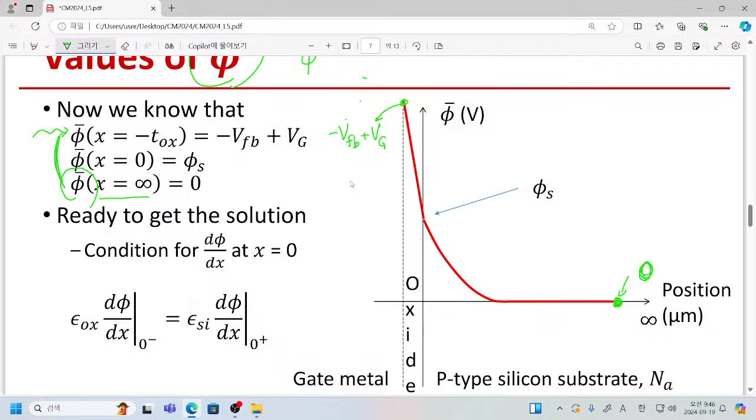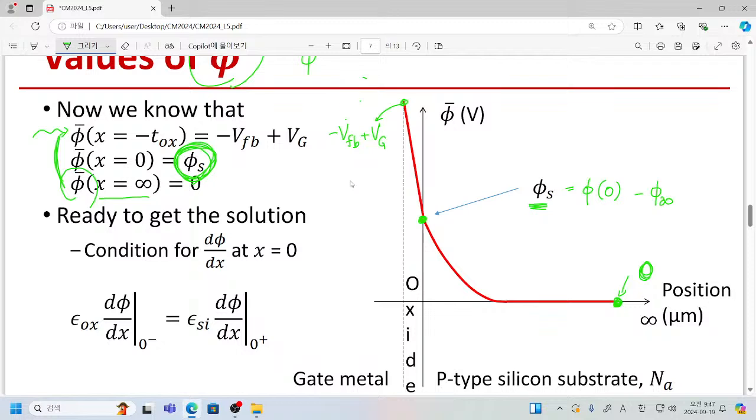Now, our analysis is aiming to calculate this phi s value at this point. Although phi s is written as just electrostatic potential, always please note that this is nothing but electrostatic potential at the interface referenced to the deep substrate.